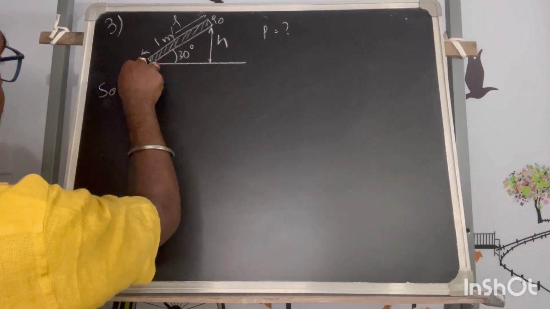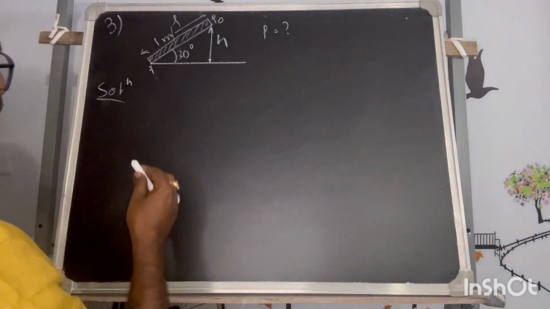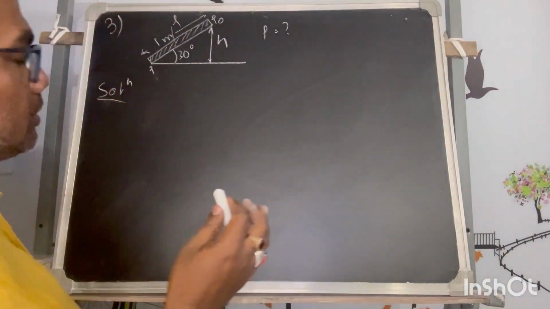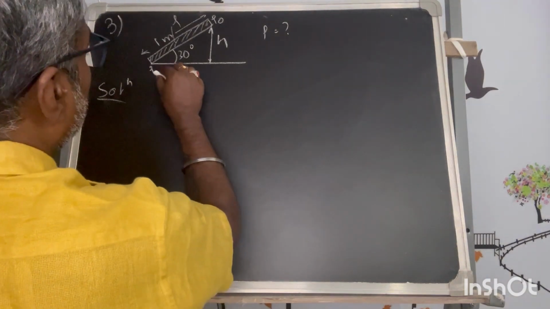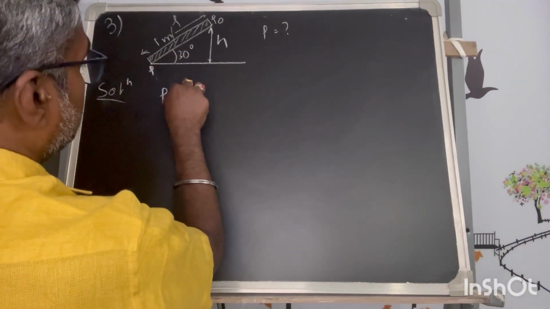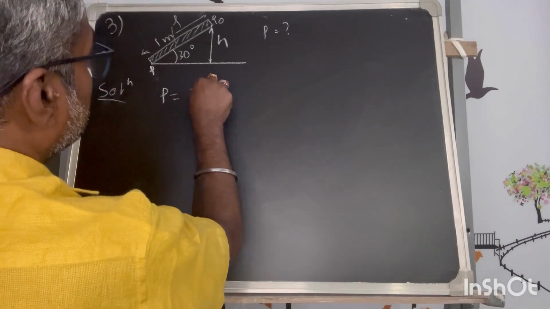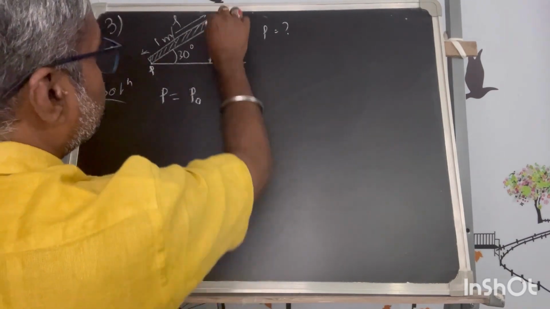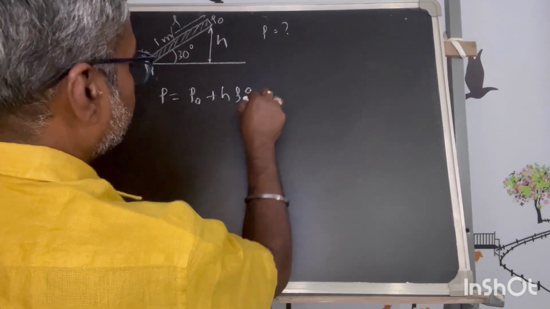Now when we derive the pressure formula, the pressure at any point below is dependent on the atmospheric pressure, that is P0 plus h rho g.